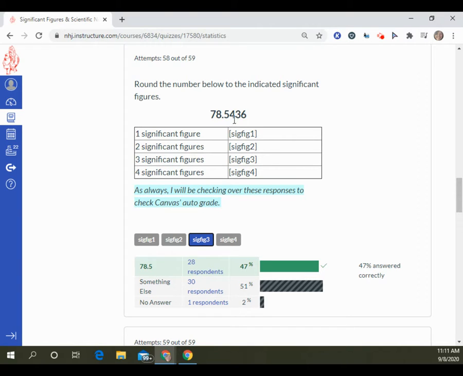And the 4 is going to tell the 5 to stay put. So it's 78.5. It would round off right there at the 3 significant digits. And then 4 significant digits, we did a little better. We got 64% accurate, but 4 significant digits would be 78.54 because the 3 tells the 4 to stay put, and we round it off right there for 4 significant digits.